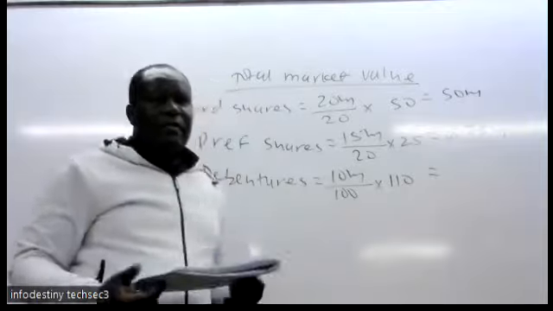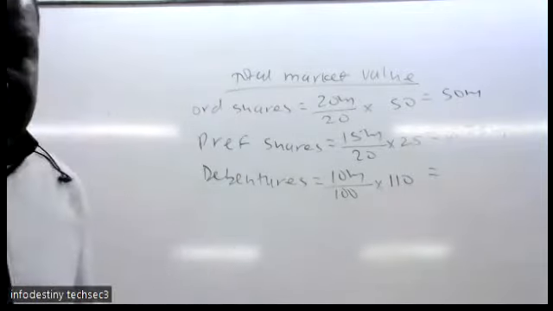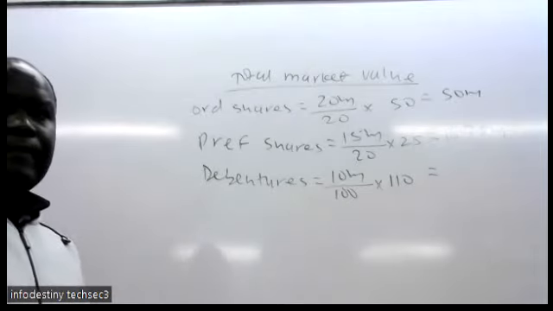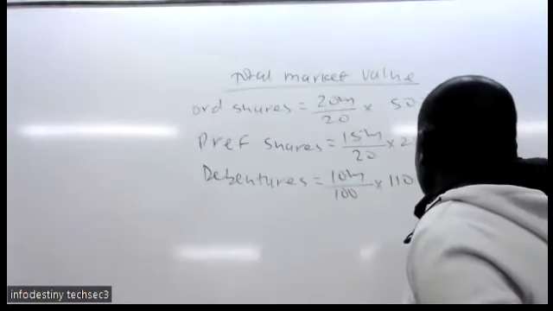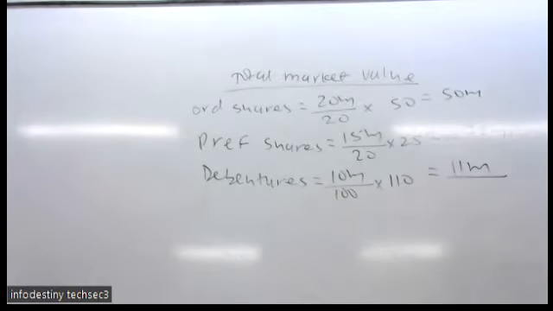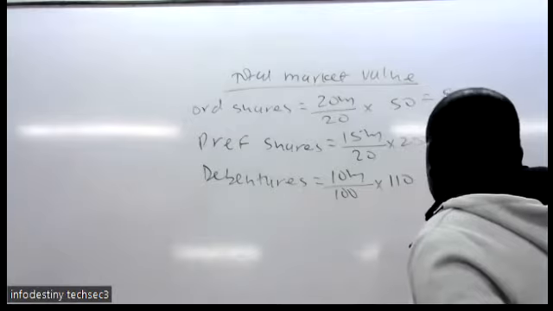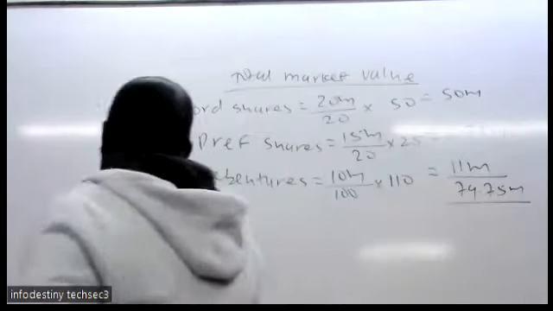The figure is 11 million. So when you add them together, what should be the total? 79.75.